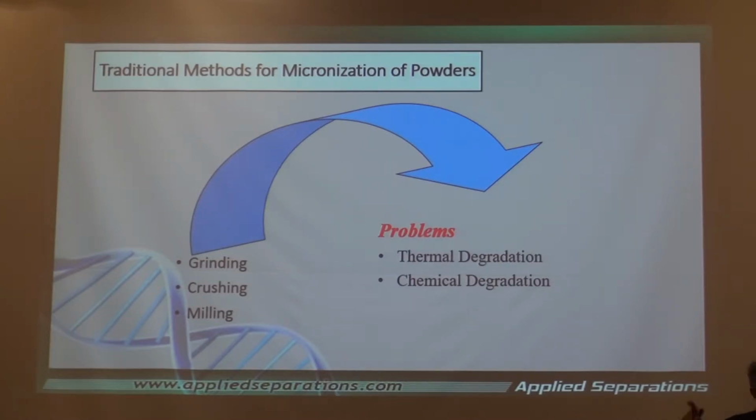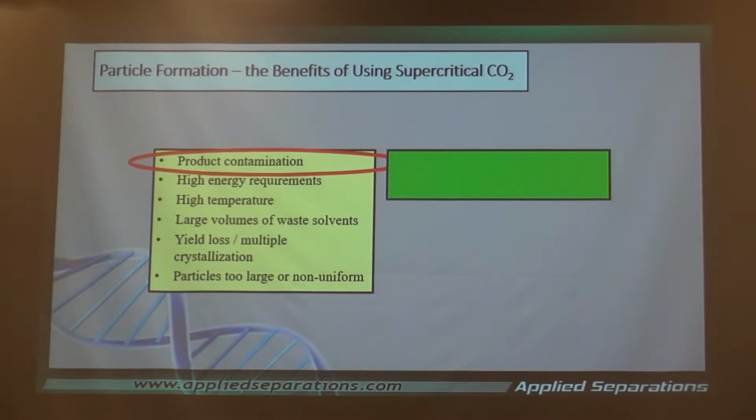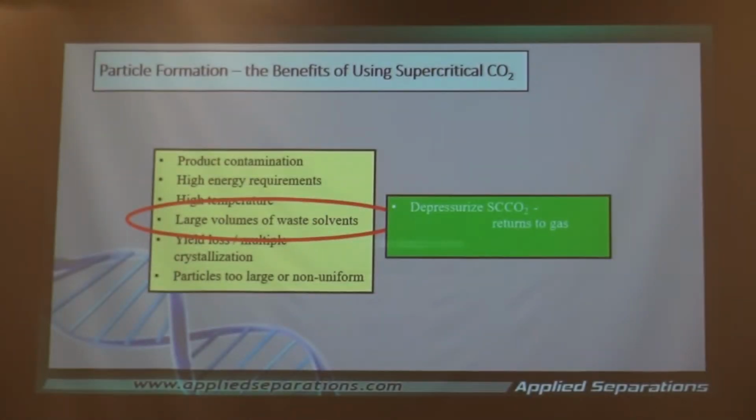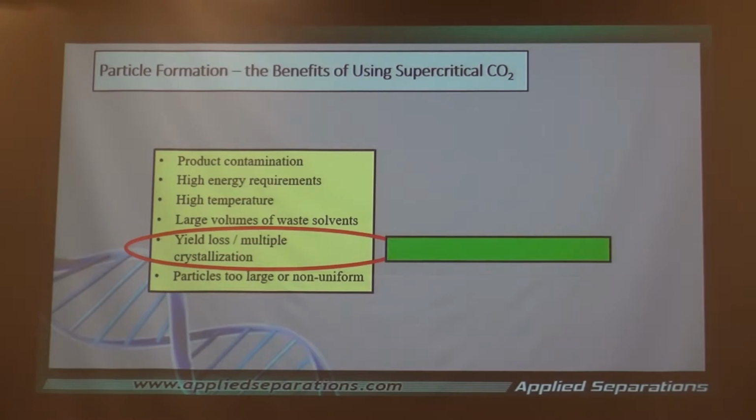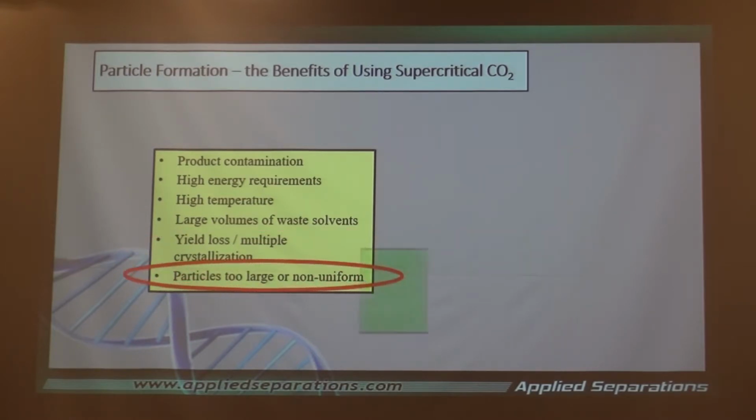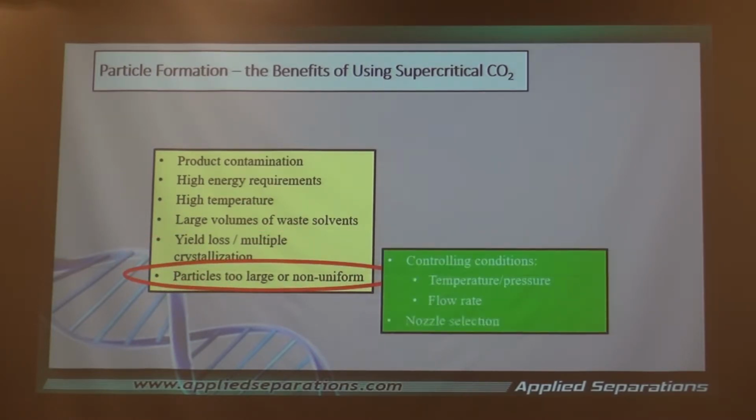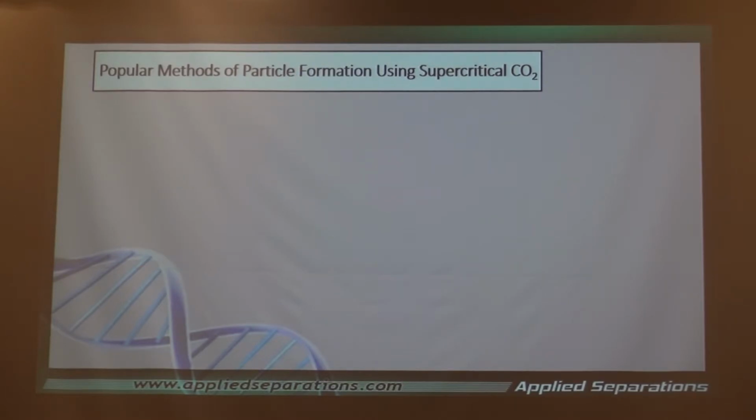All of these thermally degraded compounds need to be identified and then ruled that they are not problems in the overall drug. So with these problems, we have product contamination, high energy. Okay, I'm going to go through these quickly because I want to get into exactly how we make some of these nano-sized particles.